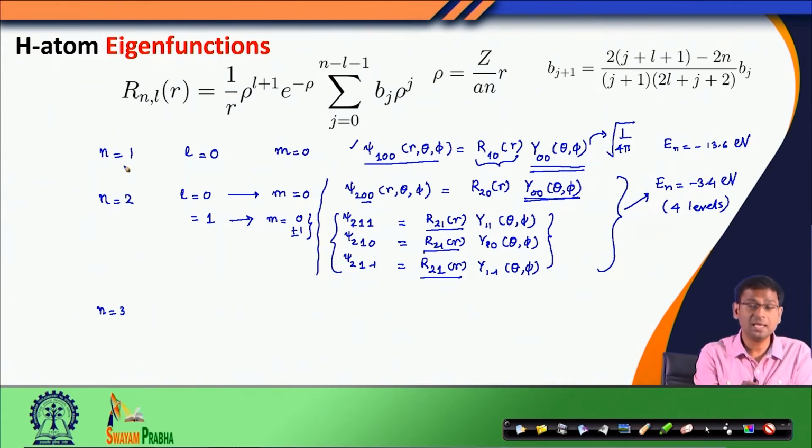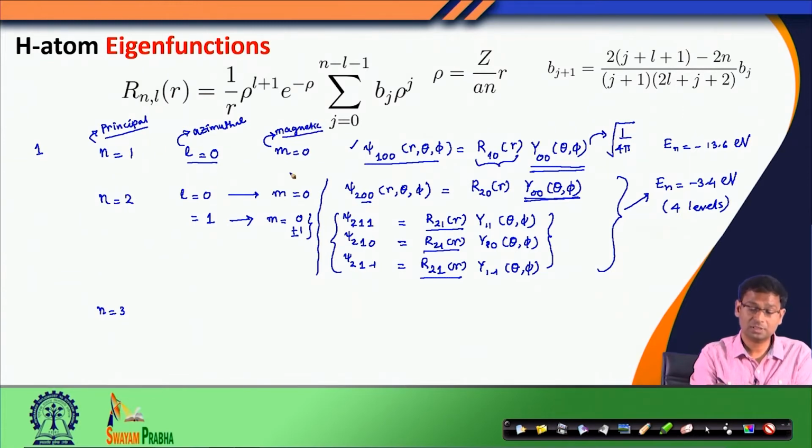For example, when n equals 1, we call that 1, and then we look at L value. So, we call this n as the principal quantum number. L is the azimuthal quantum number, because it corresponds to the azimuth, the angular momentum coordinate, and m is your magnetic quantum number.